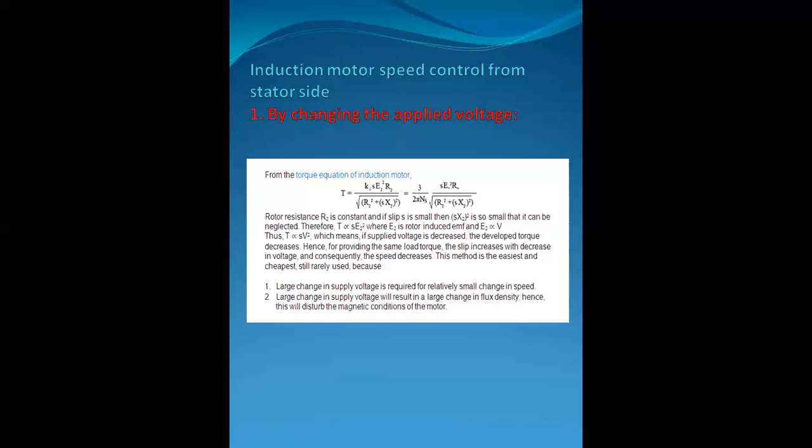A large change in supply voltage will result in a large current and a large change in flux density. Hence, this will disturb the magnetic conditions of the motor. So this is how, by changing the applied voltage, speed and torque can be controlled.